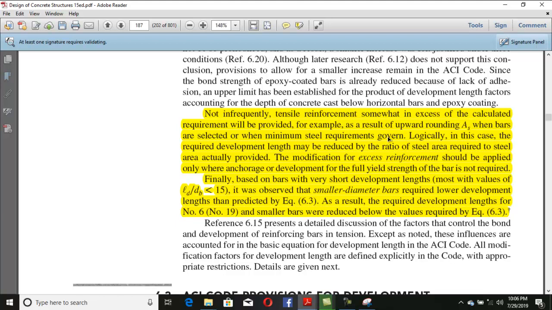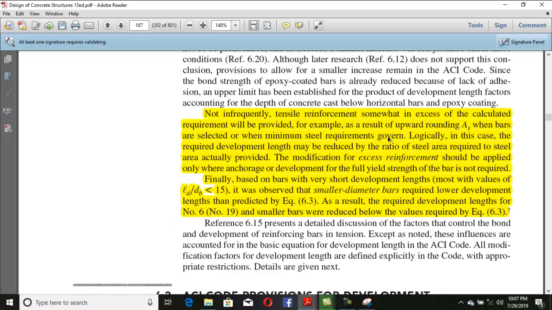Let's say you calculate the steel area as 3 square inches, but you are not able to provide the exact amount. You have to provide more steel than the 3 square inches theoretically needed for that beam.